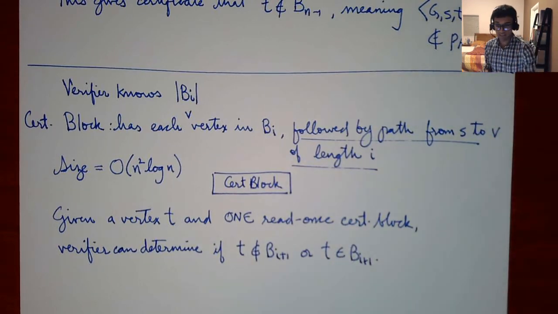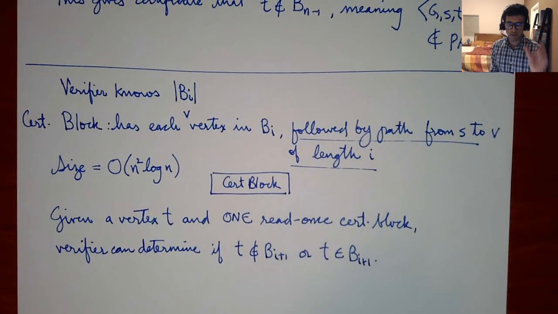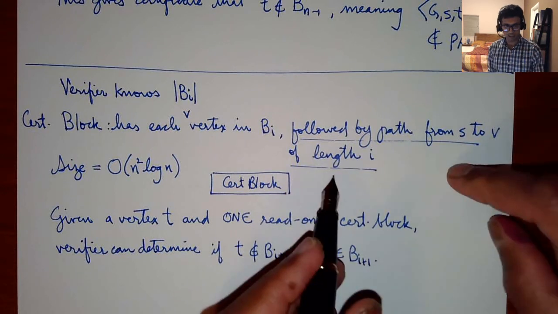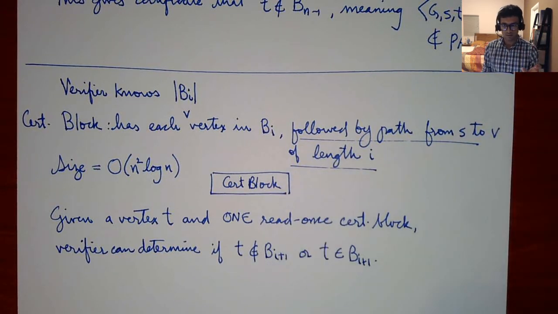It can determine this exactly because it can verify the read once certificate block. It can check that this block is correct, and if the block is correct, then it can determine whether it is in BI plus 1 or not.